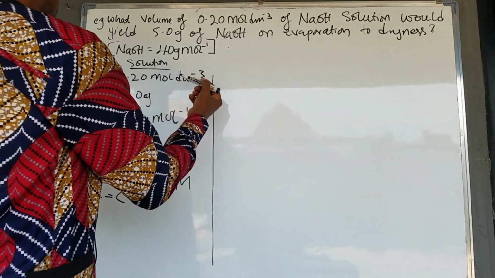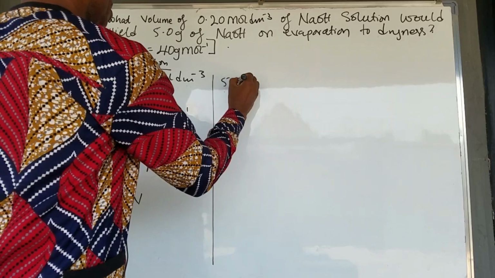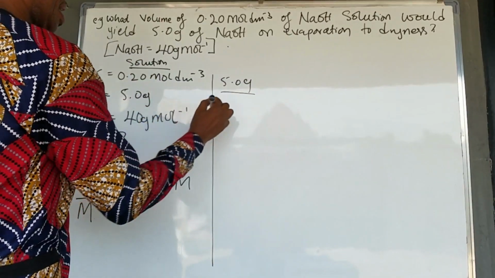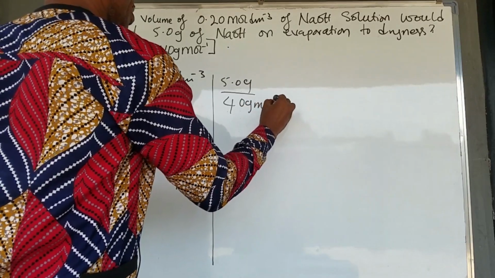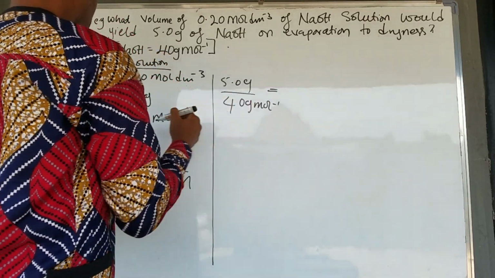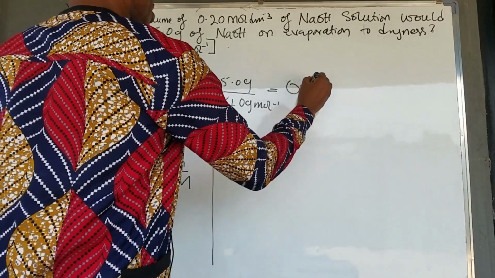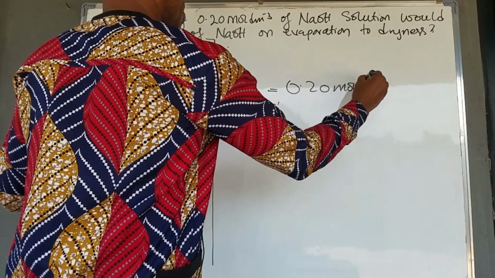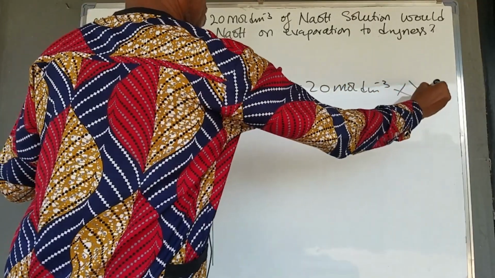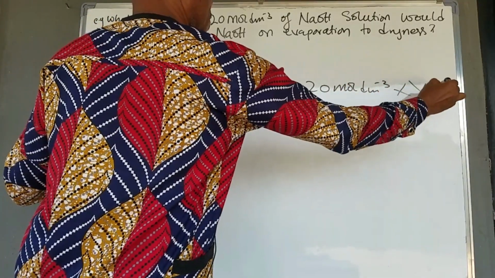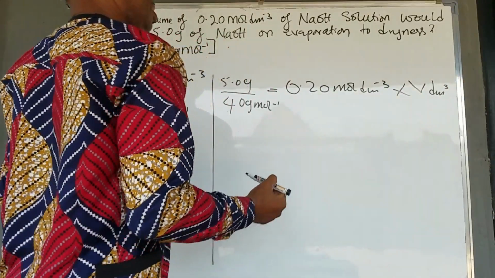So what will I do? My m is 5.0 gram. My big M is 40 grams per mole. So it's equal to, my C is 0.20 mole per dm³, and then times V, which is what I'm looking for. Remember that this V should be in dm³.